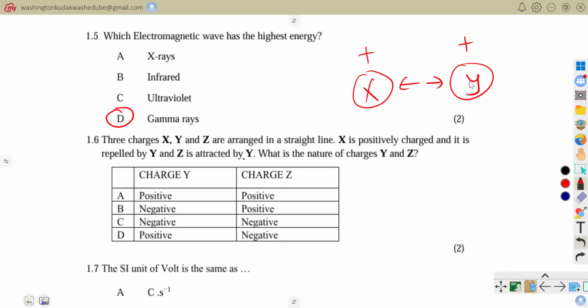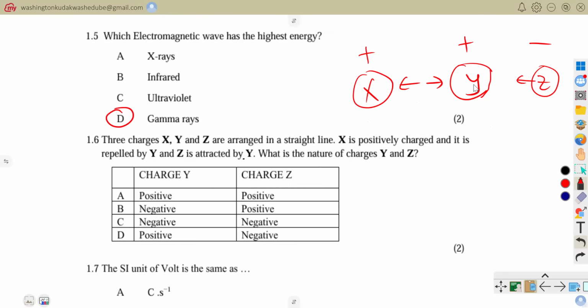So Y should be positive. And then they are saying Z is attracted by Y. So if Z is being attracted by Y, it simply means that Z is negative. Now they are asking, what is the nature of charges Y and Z?